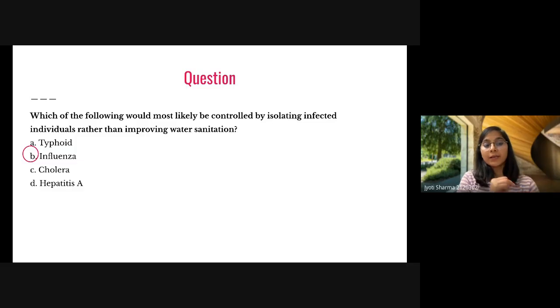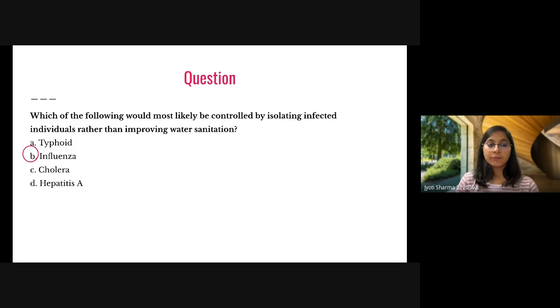And here influenza is the host to host disease. Influenza is like if you have any cold or cough, because this is spread by respiratory droplets. And if we are sneezing in a separate room, then this is how we can avoid the infection.